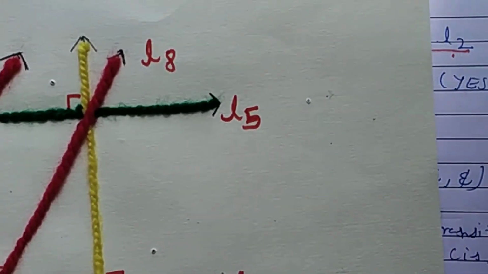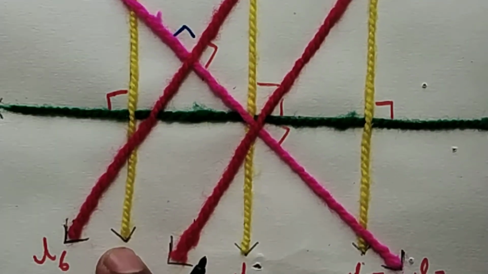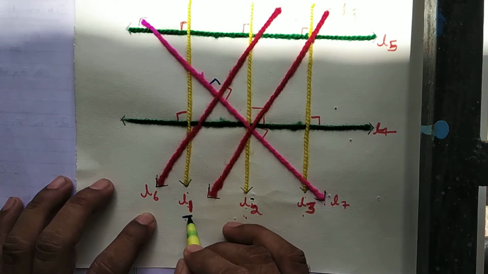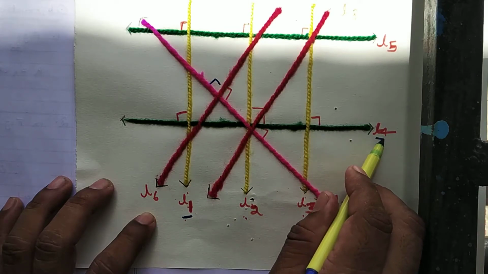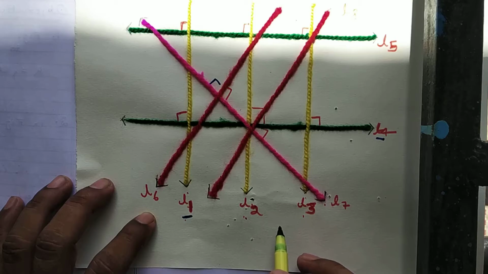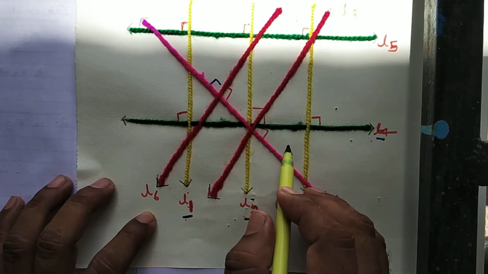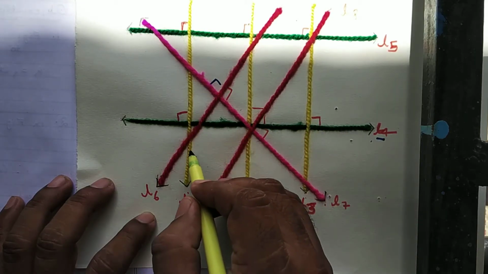Now we take the example of L1, L4 and L2. What is a transitive relation? If (A, B) belongs to R and (B, C) also belongs to R, then (A, C) should also belong to R. Let us check.